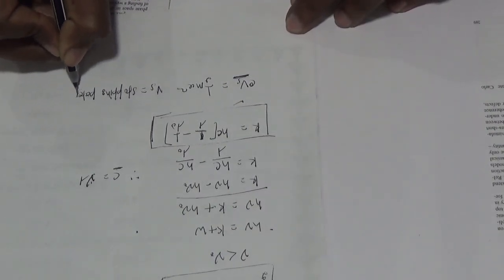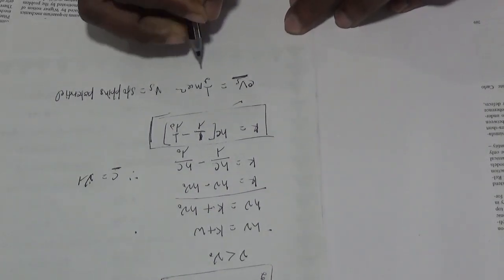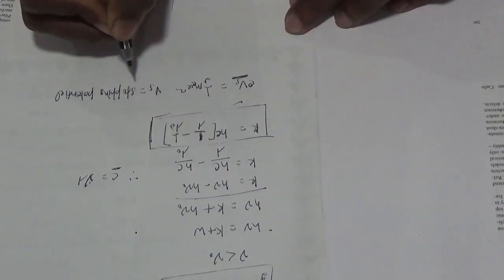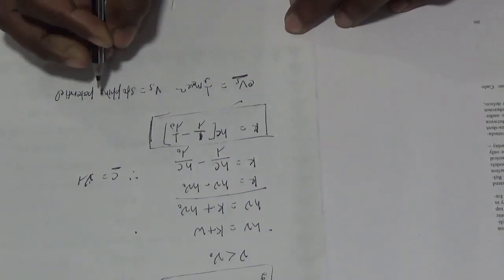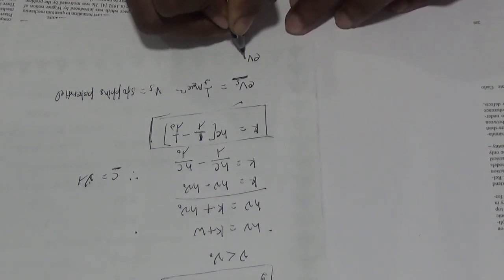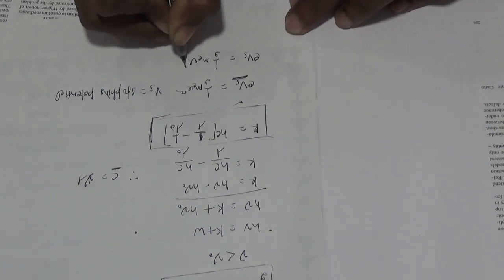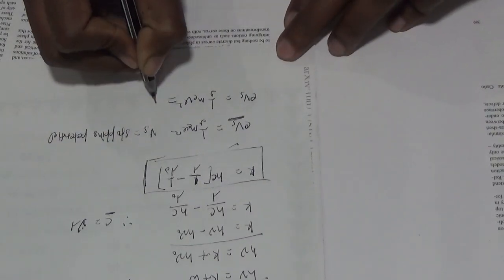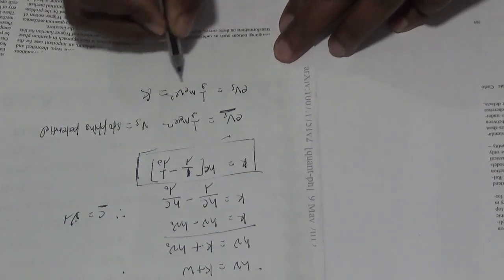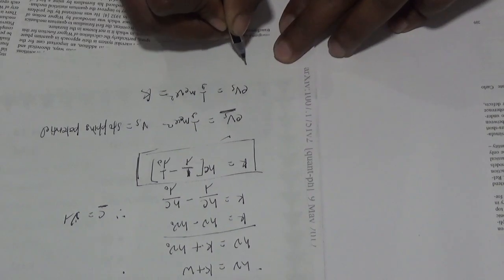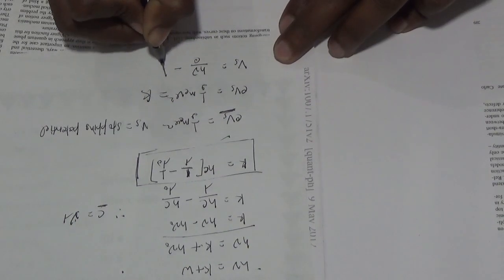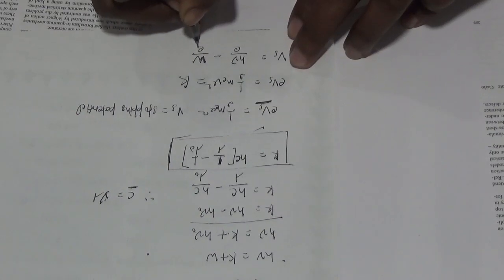Vs is the stopping potential. From here, half m e v square, where m e is the mass of the electron and v is the velocity of the electron. Now we can equate e Vs is equal to half m e v square is equal to K. Hence from this equation we get Vs is equal to h nu upon e minus W upon e.